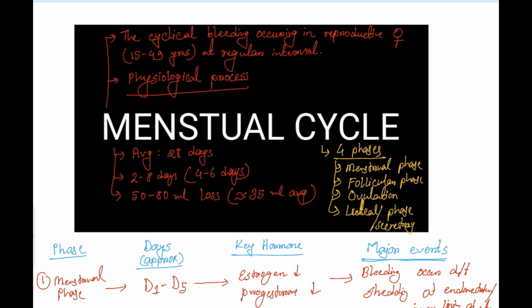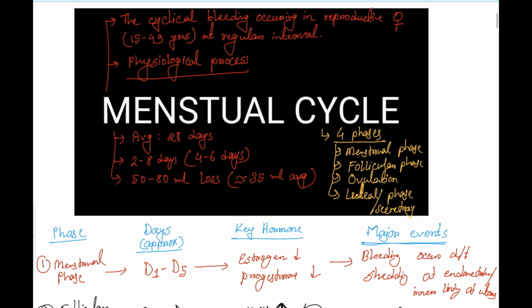So in the previous sessions, I have discussed this menstrual cycle in detail, where I told you that the menstrual cycle is cyclical bleeding occurring in reproductive female age between 15 to 49 years at regular interval, and it's a physiological process. So if a reproductive age female between 15 to 49 years comes to you complaining that every month she is getting bleeding through the vagina, then you will assure her that it's completely okay at her age.